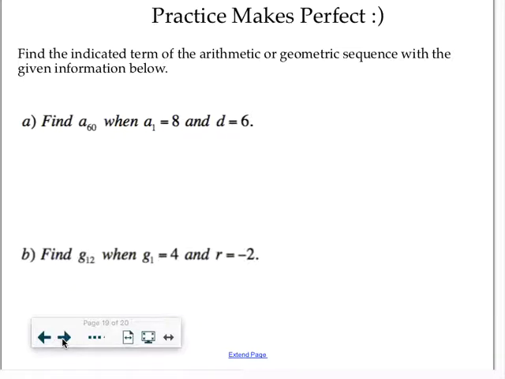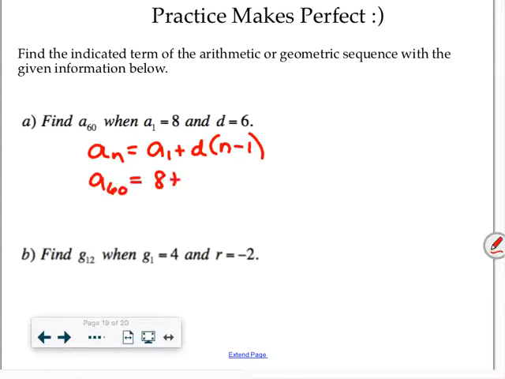Alright, guys, I'm gonna do A and B, then I'll pause again for C and D. In letter A, this is arithmetic, so the A's are arithmetic. If I want A sub 60, that's 8 plus 6 times 59. Most of you got this one, 362.